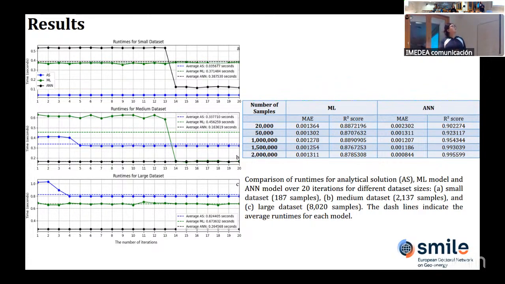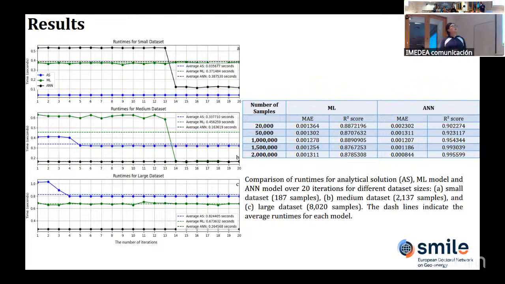But when the data size increases, the machine learning and ANN can help us to improve the efficiency. Also, for this large data set, the ANN has much higher performance than the other two.